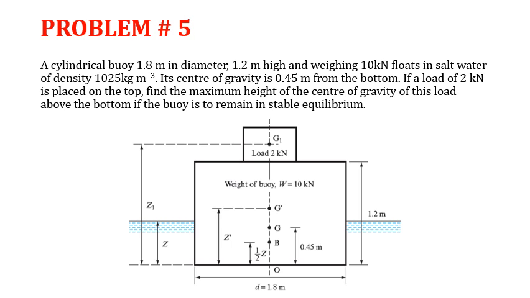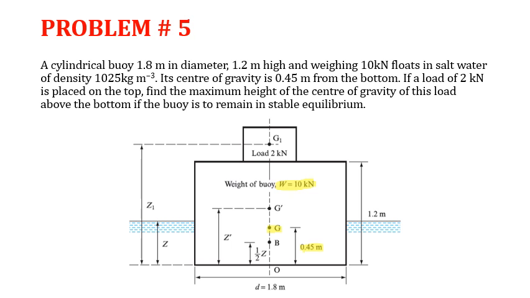So this cylinder, which is 1.8 meter in diameter and 1.2 meter high, weighs 10 kilonewton, and G is the center of gravity of this 10 kilonewton cylinder, which is at a distance of 0.45 meter from the bottom.